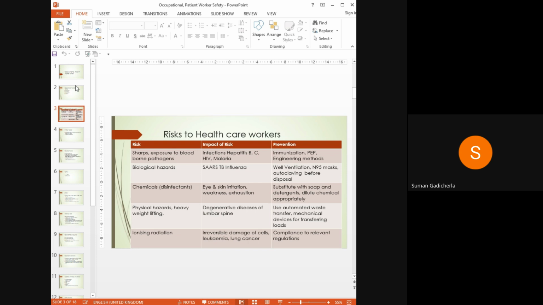Then what next is the thing that we can be exposed to? Physical hazards. Can anybody talk about physical hazards in a hospital? What are these physical hazards?